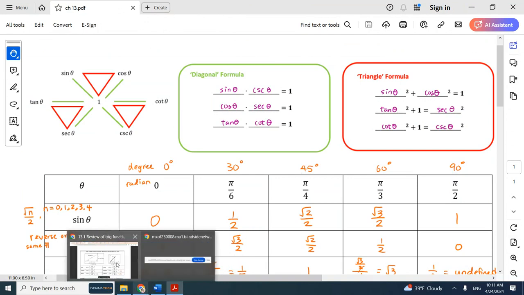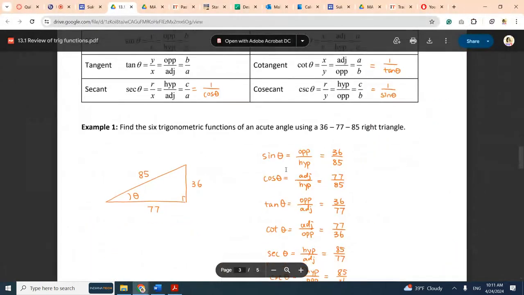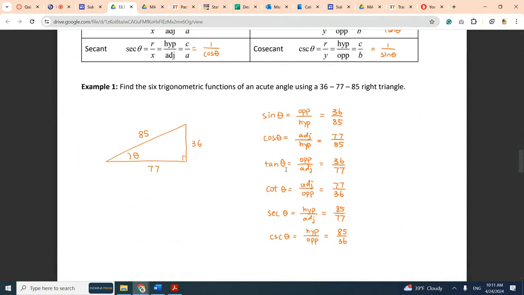And let's see. Okay, so if we have a triangle like this, how do we compute all the 6 trig functions? Sine is opposite over hypotenuse. So 36 over 85, right, everybody? And cosine, adjacent over hypotenuse. So write down the numbers. Tangent is opposite over adjacent, right? Cotangent, reciprocal of tangent.